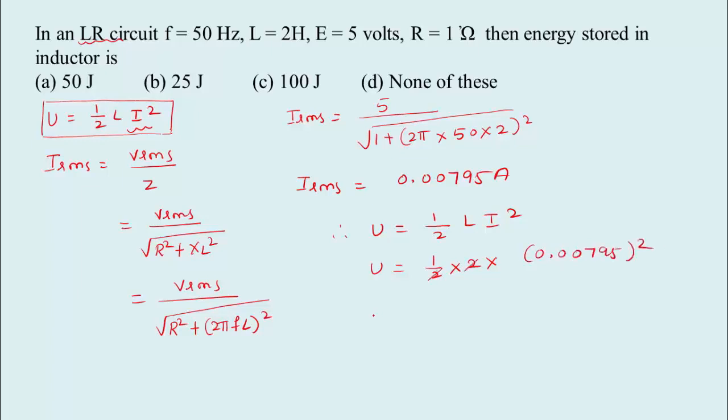So the 2 will get cancelled, and we will get the answer 6.3 into 10 raised to minus 5 joules. So the energy stored in the inductor is 6.3 into 10 raised to minus 5 joules. So you can observe all the options here. A, B, C are not suitable. We got 6.3 into 10 raised to minus 5, so the option is none of these.